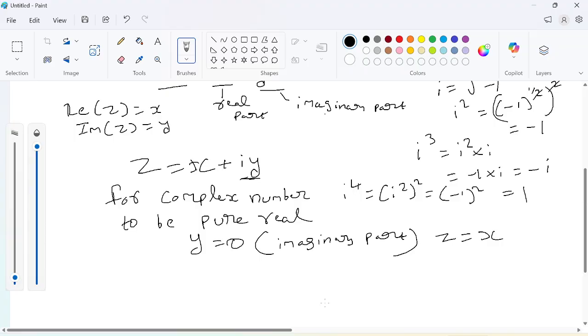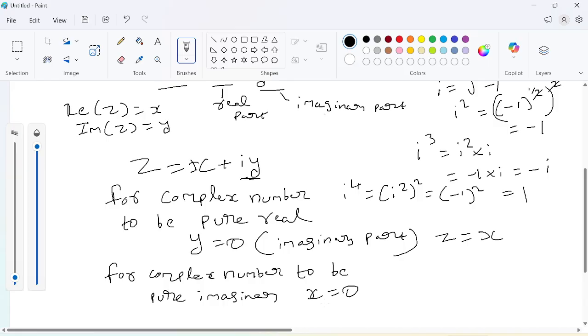For a complex number to be pure imaginary, what will be the condition? It should be x equal to 0.